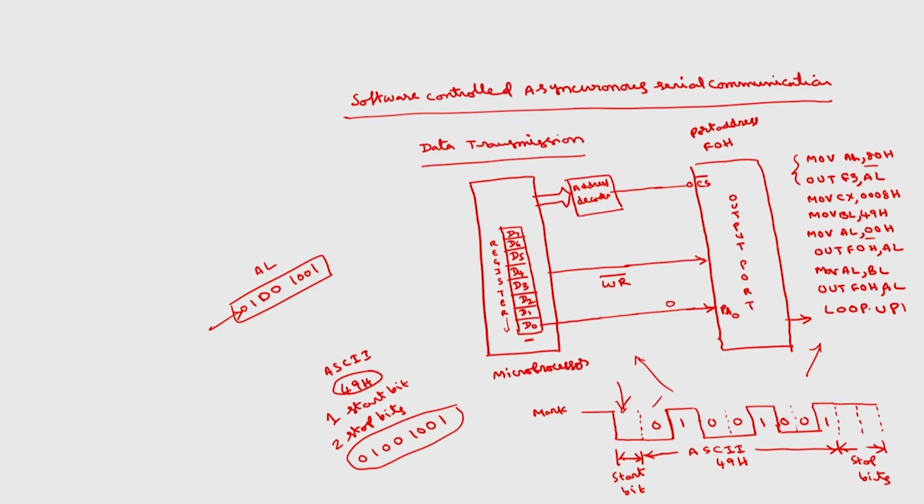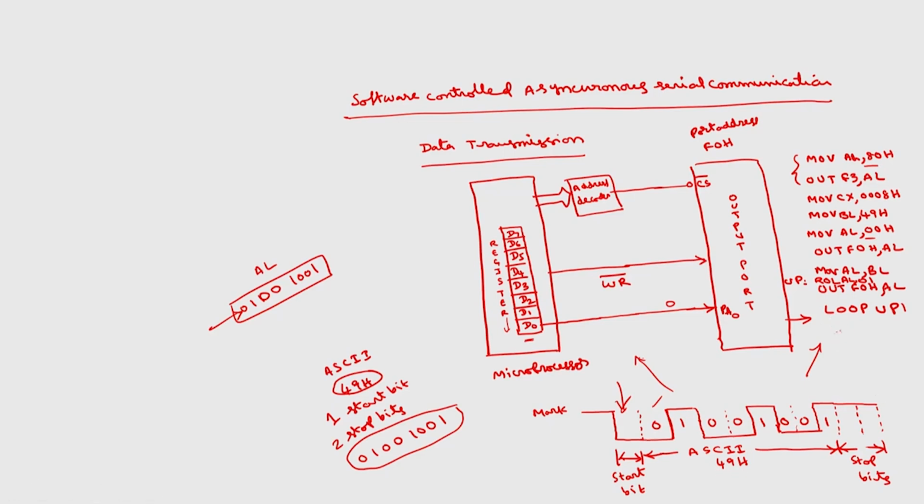So, you have to rotate by 1 bit position, using ROL AL, 01. In this way, after transmitting all 8 bits of this 8 bit ASCII character, it will come out of the loop.